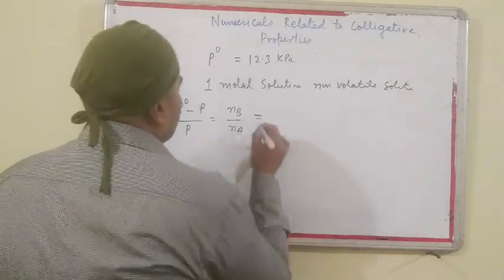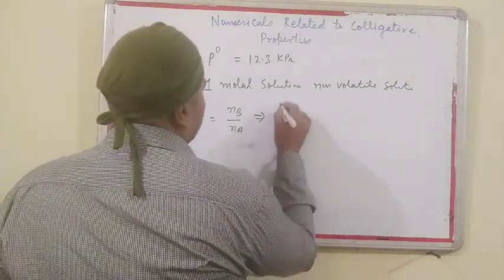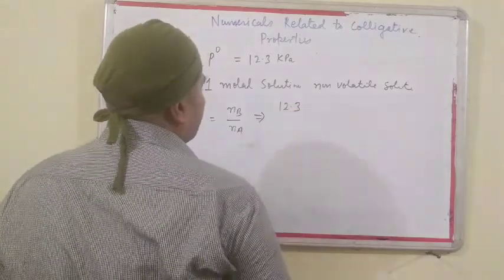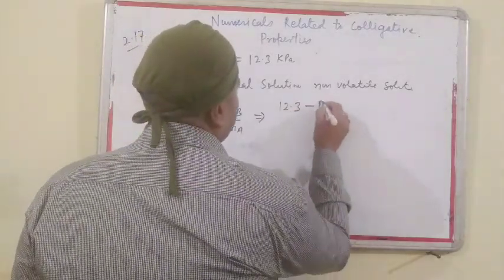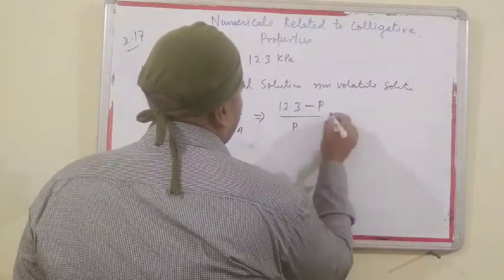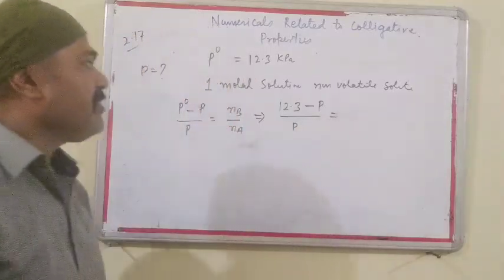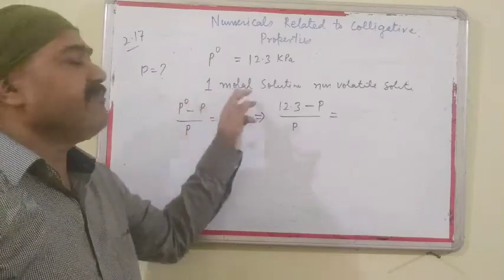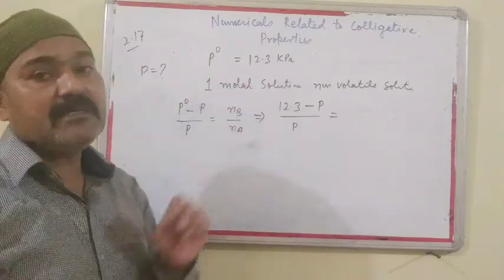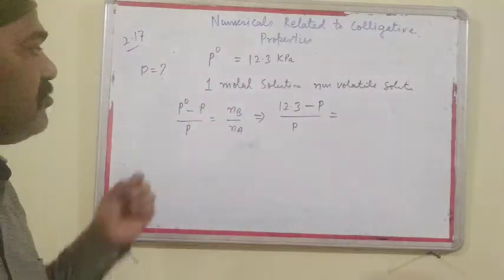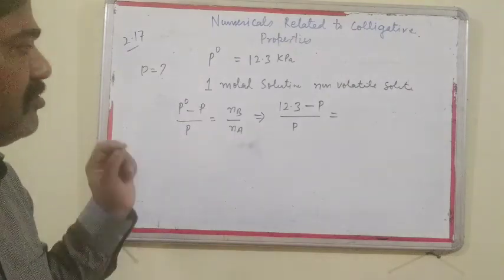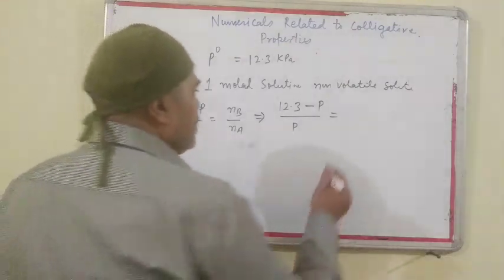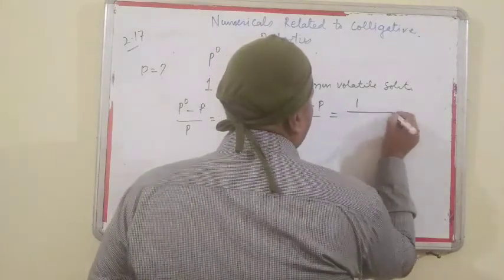So this may be written as 12.3 minus P upon P equal to NB upon NA. Now it is given that it is a 1 molar solution. It means the number of moles of the solid is 1. So in place of NB I am writing 1.